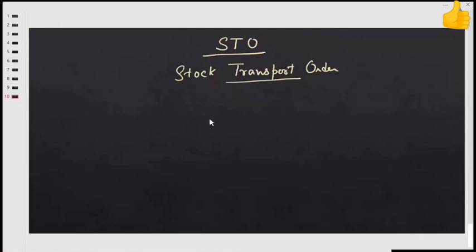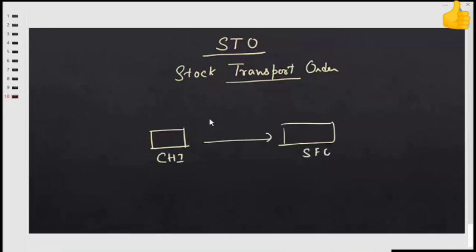So there is a Chicago plant. There is a San Francisco plant. We want to move the goods from Chicago to San Francisco. Now to move the goods from Chicago to San Francisco, we would need some kind of a transportation means, right?